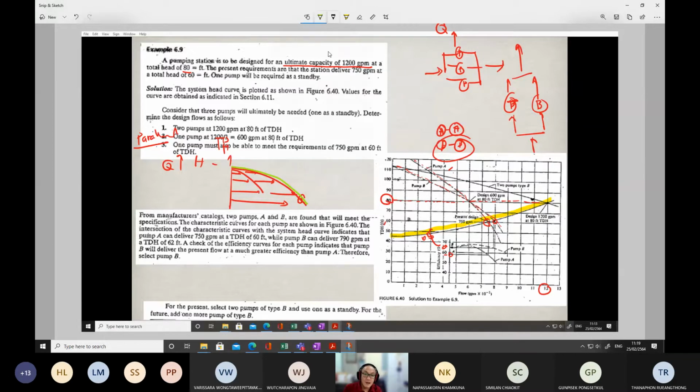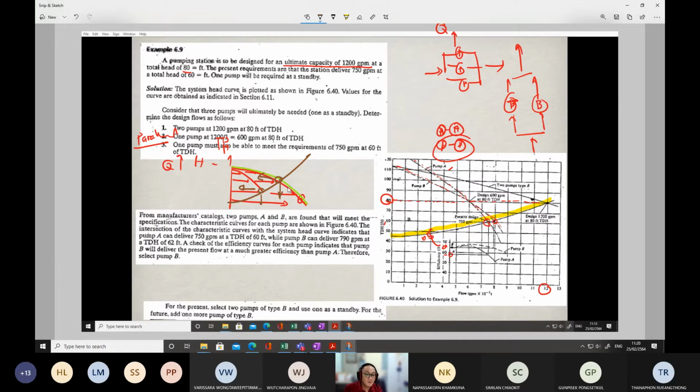Now if we have a system head curve like this, one pump only gets up to here, two pumps get up to here. But if you buy the bigger one, then calculate it, and check the head again.